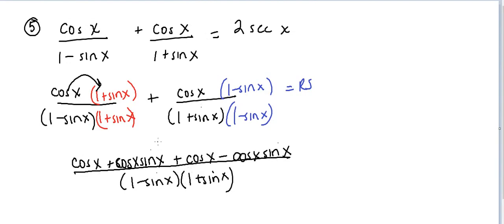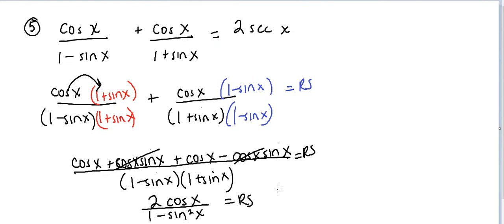Okay, so what do we have at the top? The top, we can cancel out this and this. So we have 2 cosine x over, now I will simplify. This is difference of squares, 1 minus sine squared. Okay, so I'm going to equals right side, equals right side. I'm going to keep going.